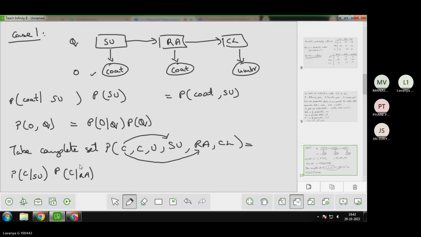Then the probability that he is having an umbrella and it is going to be cloudy. How should I multiply? Probability of sunny, into probability of rainy, into probability of weather being cloudy.